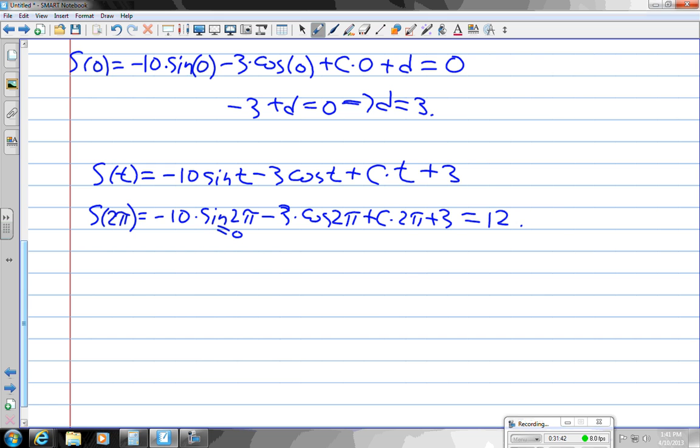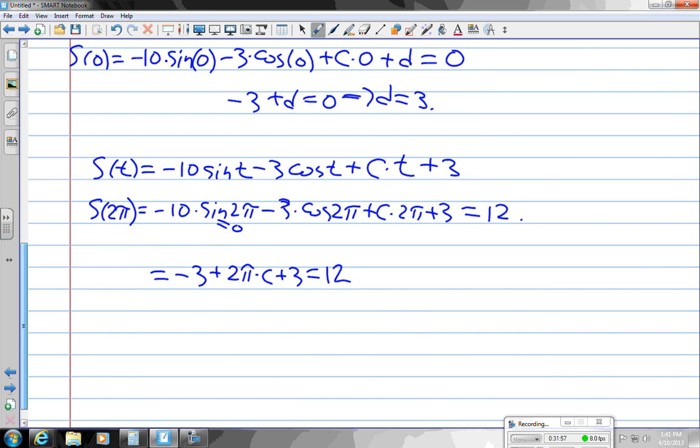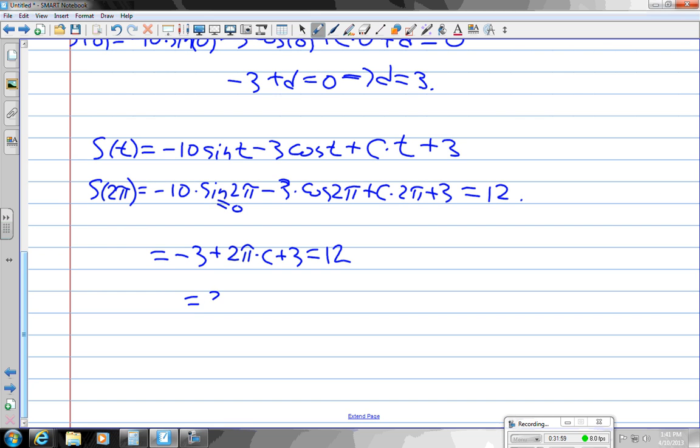Cosine of 2 pi equals 1. So we're down to negative 3 plus 2 pi times c plus 3 equals 12. So 3's cancel. We're down to 2 pi c equals 12. So therefore, c equals 12 over 2 pi, or 6 over pi.